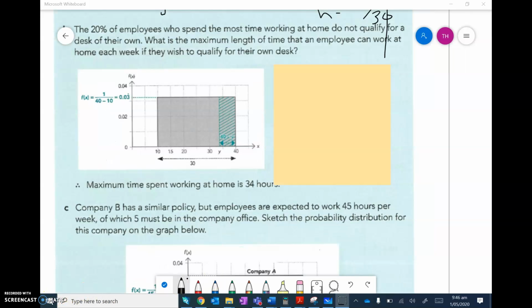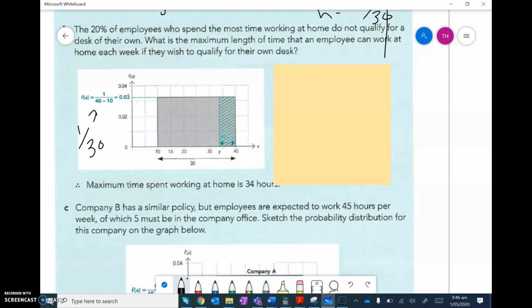Okay, I want to show a way that's a little bit different to the book. You can look at the book example, but I want to show a way that I find much easier to understand and deal with the algebra. Like I said, the height over here is 1 over 30. We can leave it as a fraction. Now it says 20% of employees who spend most of the time working at home do not qualify for a desk of their own.